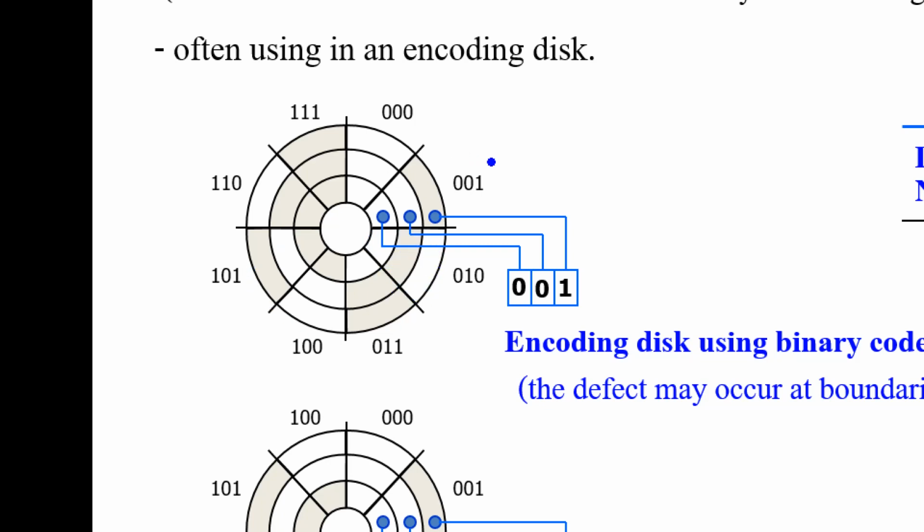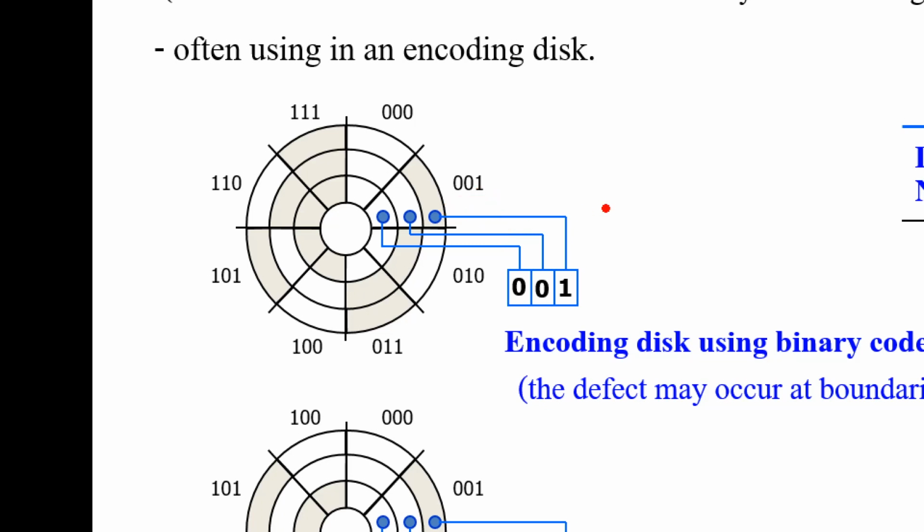So if this area comes to this sensor array, what happens? The output from this one becomes 0, and 1 here. It's dark, so the reflected light can go into the sensor.